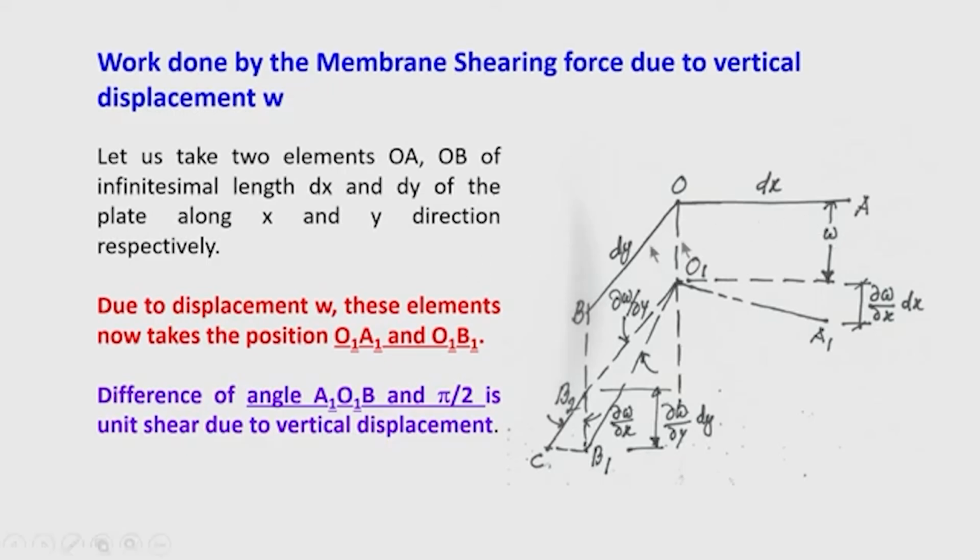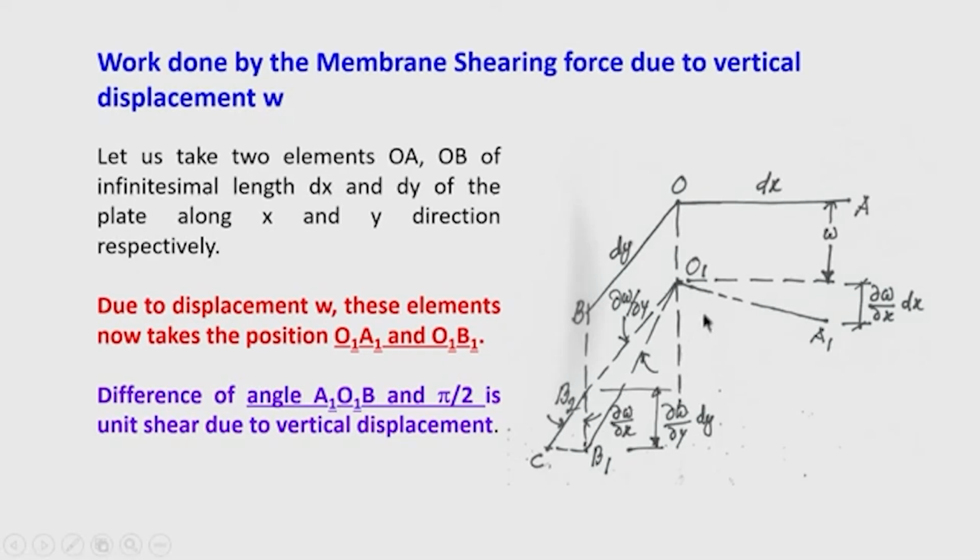This is a small deflection of course, and let the lines O A and O B take the new positions O1 A1 and O1 B1. These two positions I have marked here, O1 B1 and O1 A1. These two are the new positions after undergoing the vertical displacement W.